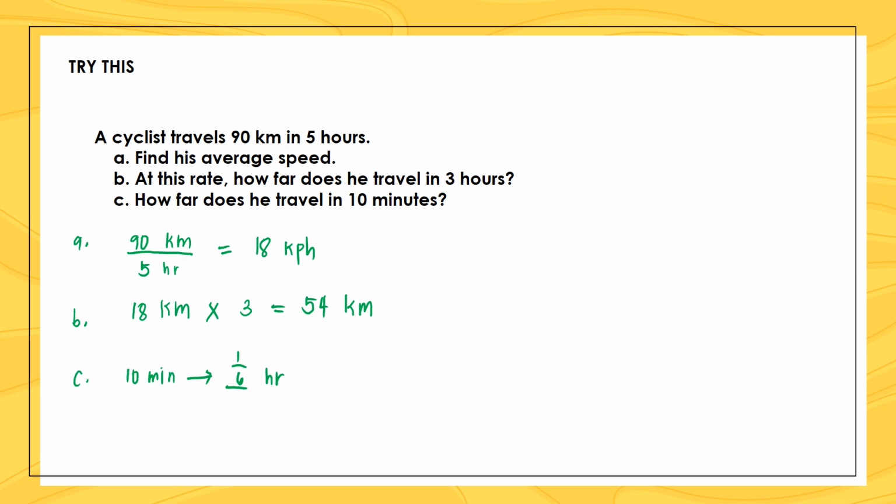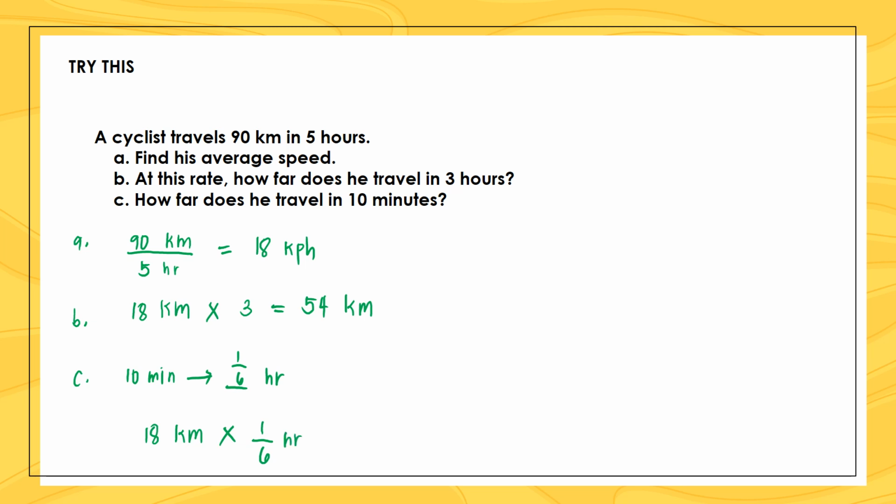Now what to do next? We just simply multiply 18 kilometers, since that is the distance that the cyclist could travel in an hour. We multiply this not by 1 hour, rather by 1 over 6 hour.